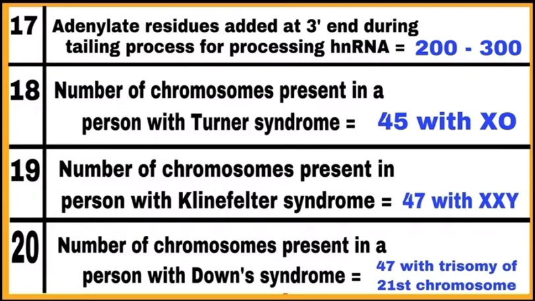Number of chromosomes present in a person with Klinefelter syndrome. 47 chromosomes, that is one chromosome more than normal person, present in a person with Klinefelter syndrome with XXY condition. Point 20. Number of chromosomes in a person with Down syndrome. Here the number of chromosomes are 47. 47 chromosomes are present with trisomy of 21st chromosome in a person with Down syndrome.